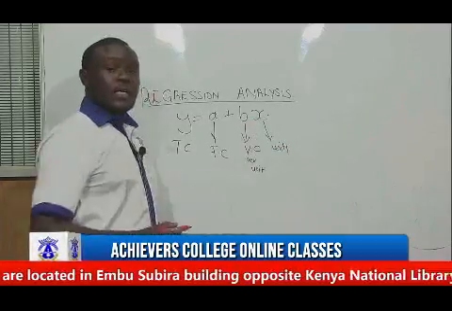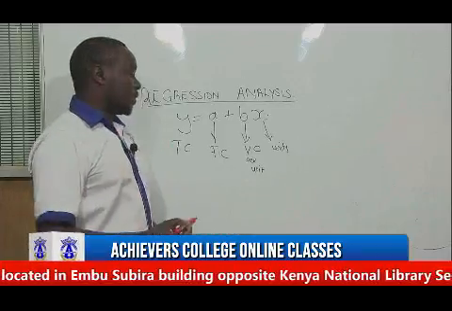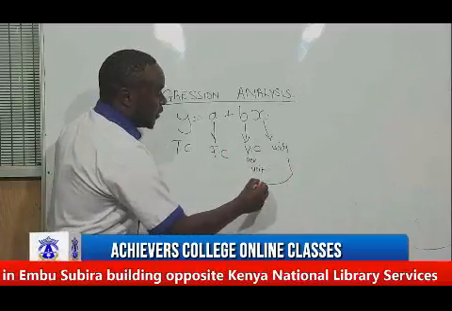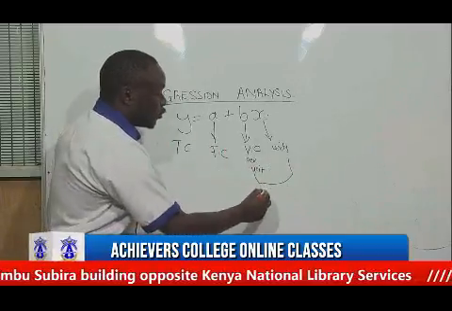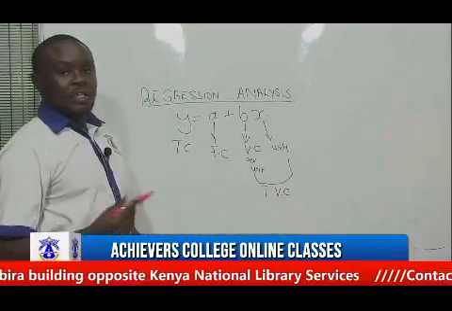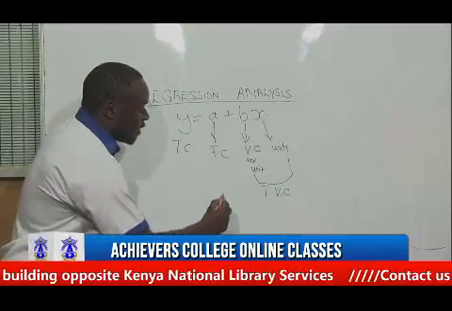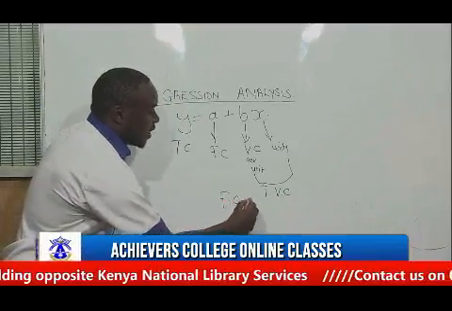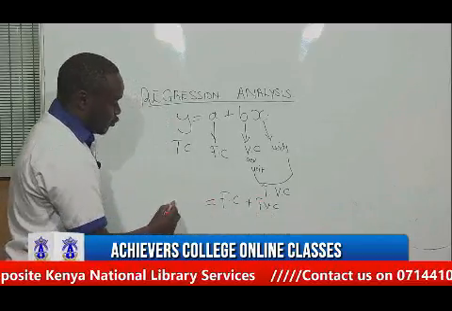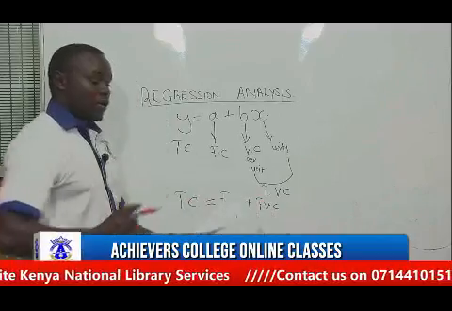And you know that when you multiply the variable cost per unit by the units, they give you the total variable cost. Therefore, we usually say that fixed cost plus the total variable cost gives you the total cost.